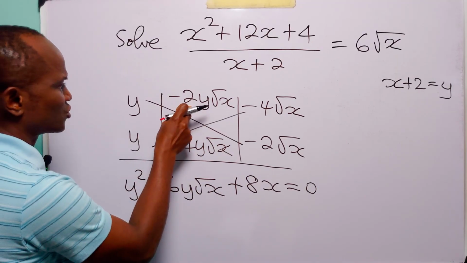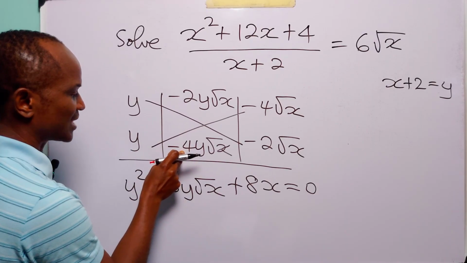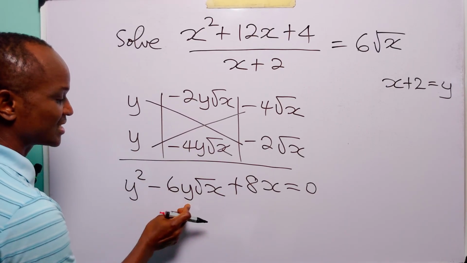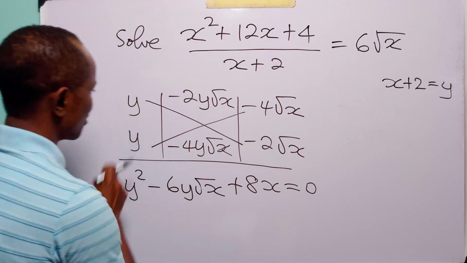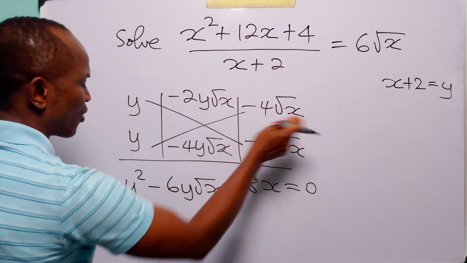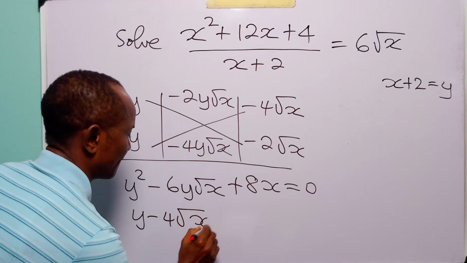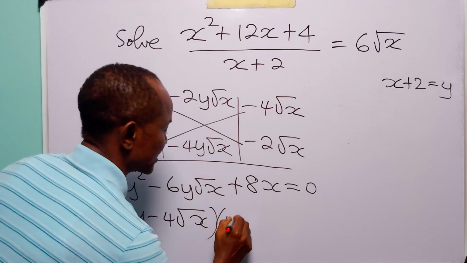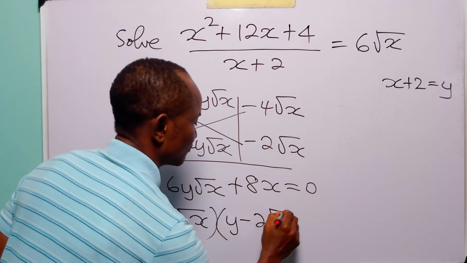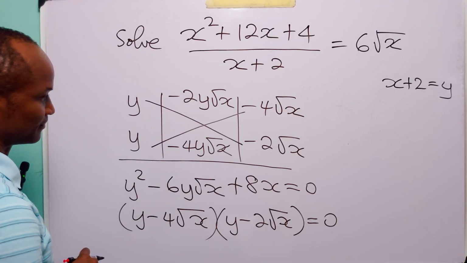And of course, minus 2y root x added to minus 4y root x is going to give us minus 6y root x. So we know that the factors of this equation are y minus 4 root x and y minus 2 root x. And of course, this is equal to 0.